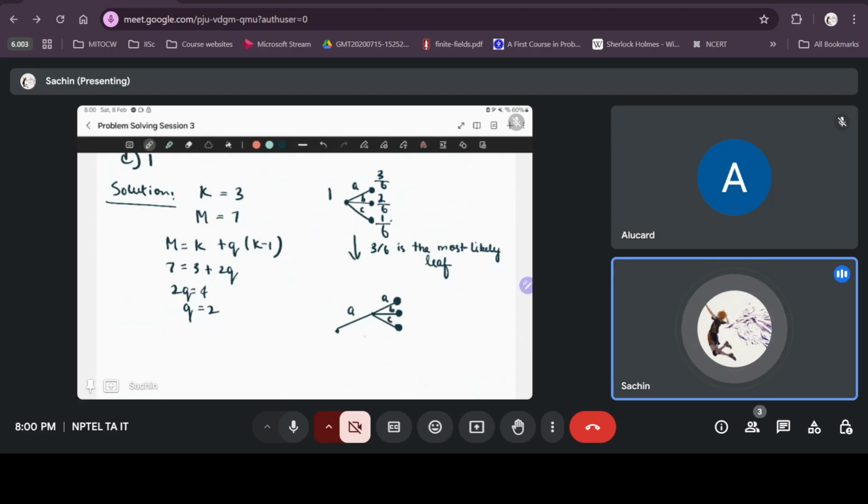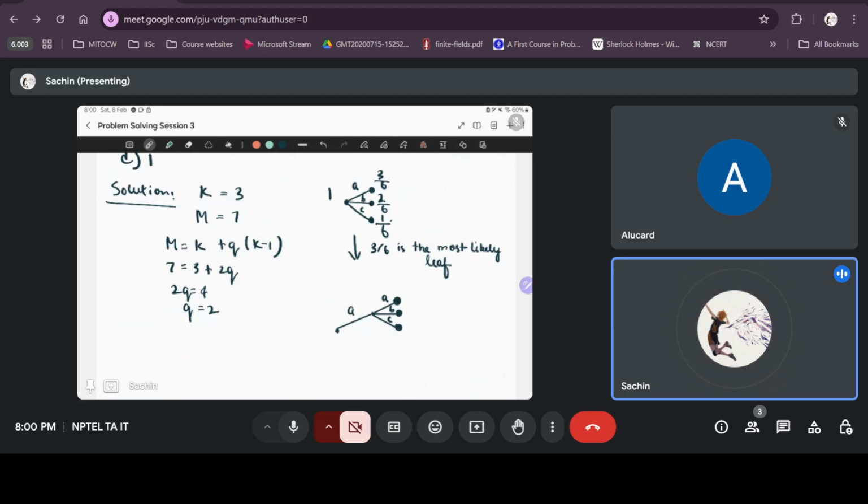So what is the probability of the message AA? It is the probability that you get A as your first source symbol and A as your second source symbol.